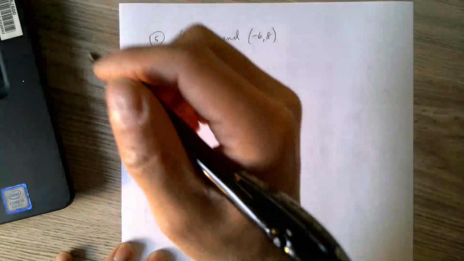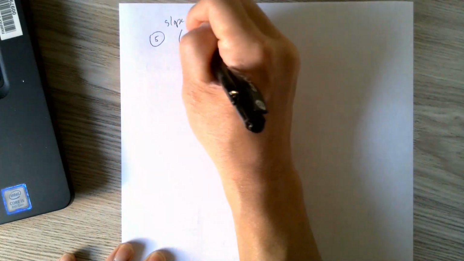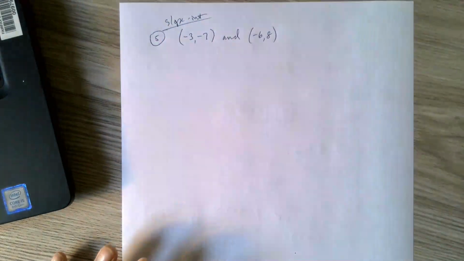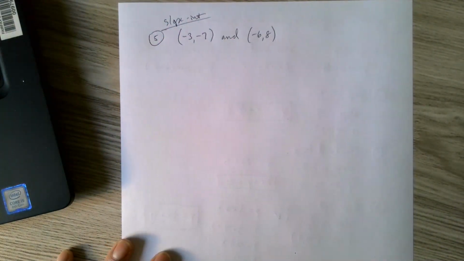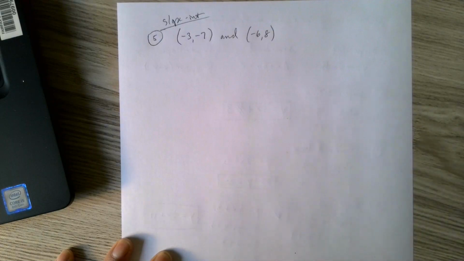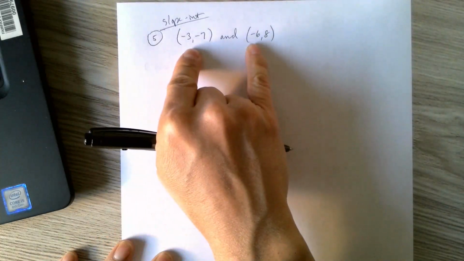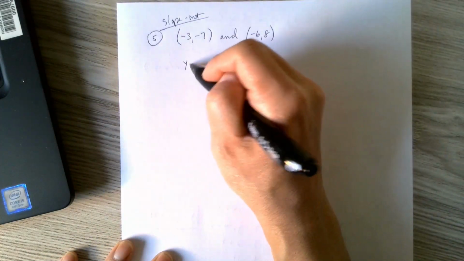Okay, and this time I want slope-intercept. So since I did not give you the slope, you got to find the slope on your own, which you can do because I have 2 points.